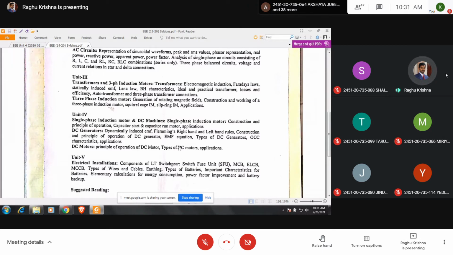So next, types of DC motors. This will be similar to that of DC generators, and applications. To know the applications, you have to know about the characteristics of DC motors.